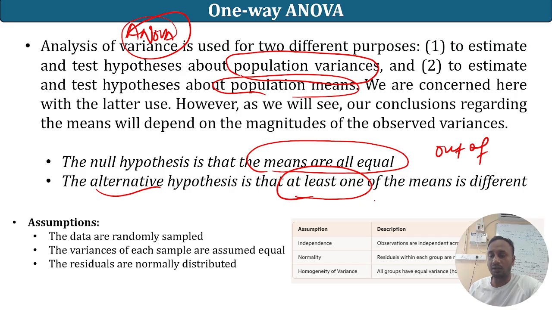Let's say I took three fertilizers: fertilizer A, fertilizer B, fertilizer C. If at least one of the fertilizers has better accuracy or performance, we can say that's the alternative hypothesis.